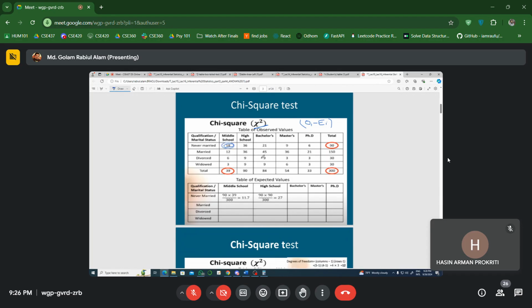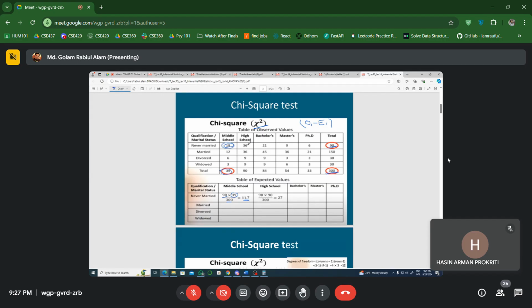The expectation is the probability times the frequency. The probability in this case is 90 out of 300 never married people, so 90 by 300 times 39. So 90 divided by 300 is the probability, and the frequency, the total for middle school, is 39. So this is the expectation, the expected value for never married.